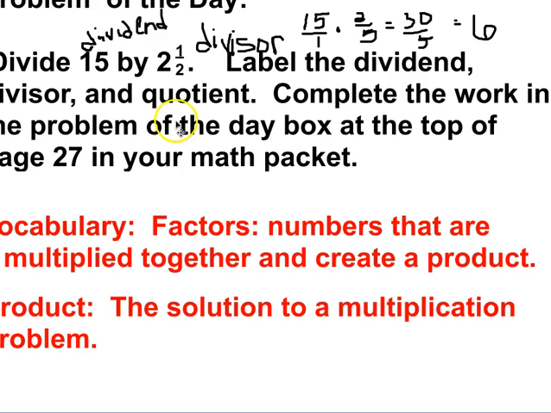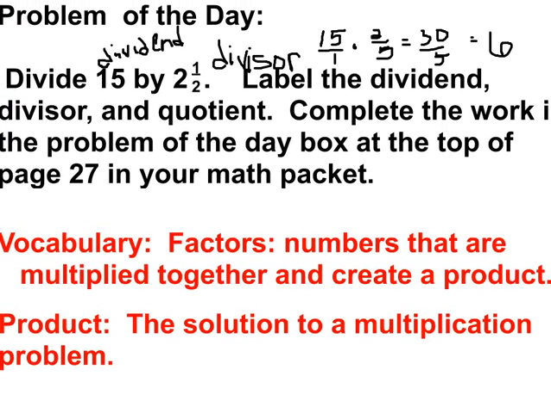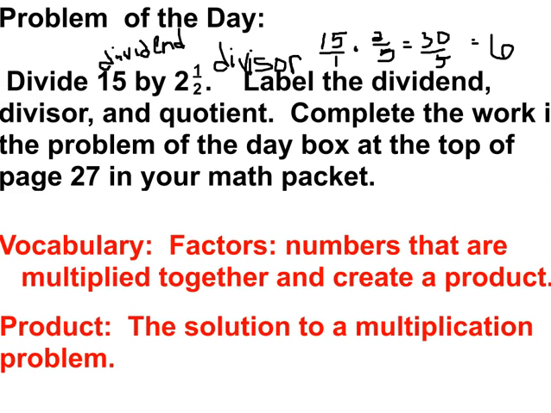Okay, so hopefully that's what you also had on your problem that you got for your answer. And now we're going to take a look at the 2 vocabulary words that we're going to be focusing on. And the first one is factors. And factors are numbers that are multiplied together and create a product.